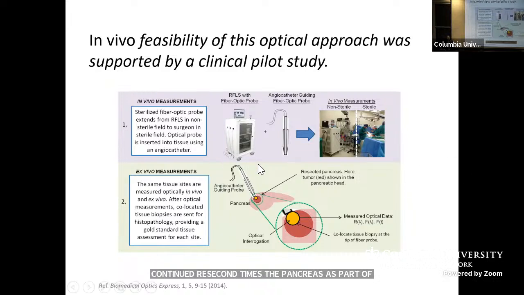So it was kind of a marker locating where that tissue site was. When that tissue was removed, we could reinsert the fiber optic probe to at least approximately the same location. And so in that way, we were able to have site-matched in vivo and ex vivo measurements. It's not exactly perfect, but that was the best that we could do. And then of course, pathology following from that.